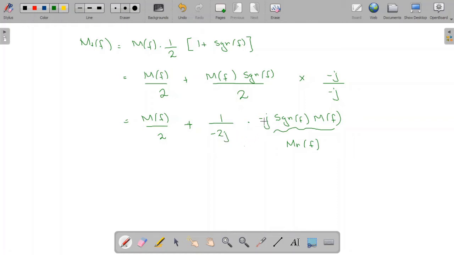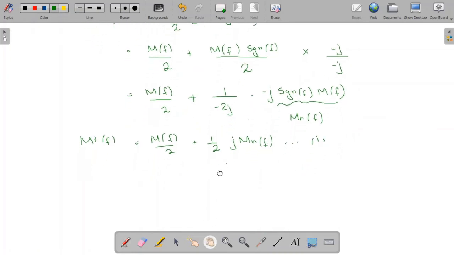Also, when this j comes to the upper side, it will become positive. So we are going to get m of f divided by 2 plus 1 by 2j into mh of f. So this is my m plus of f. Let me name it as equation 1.